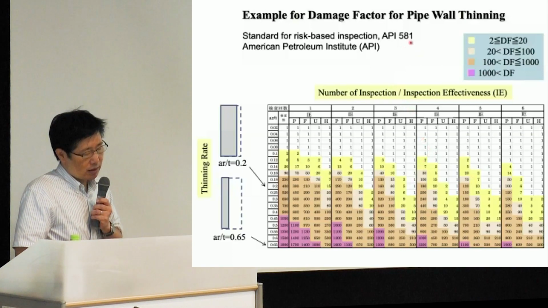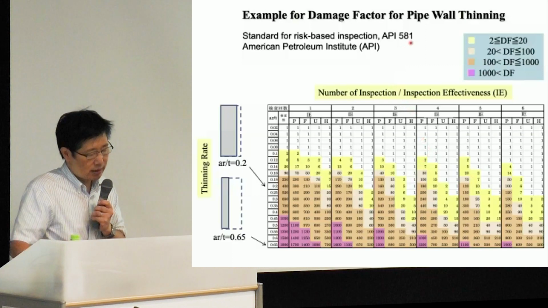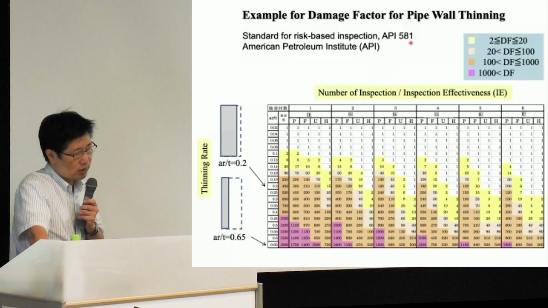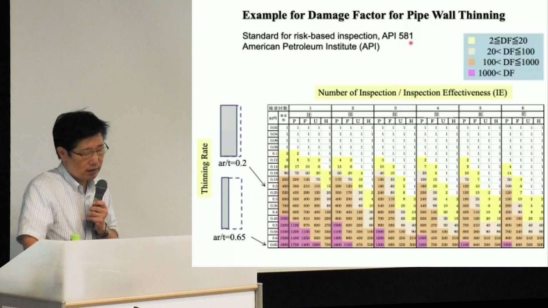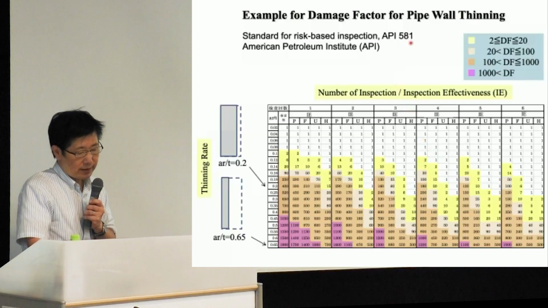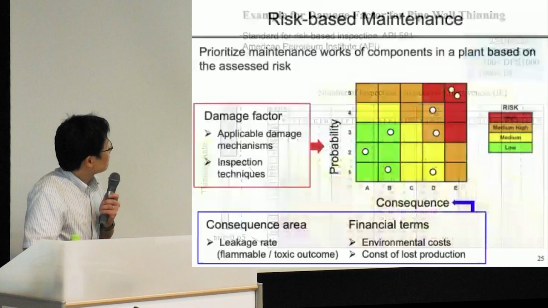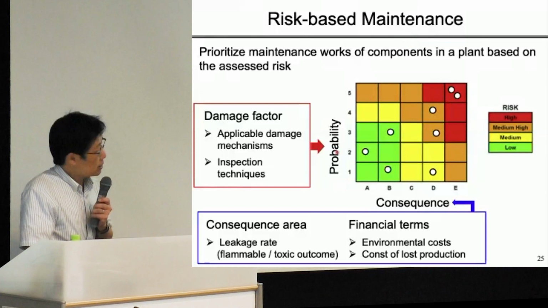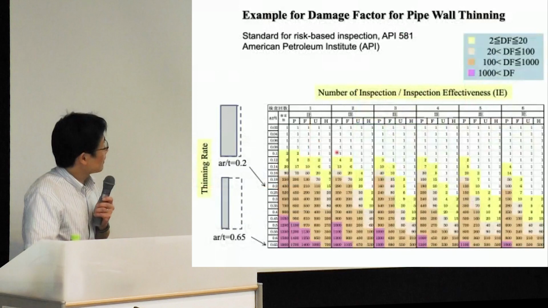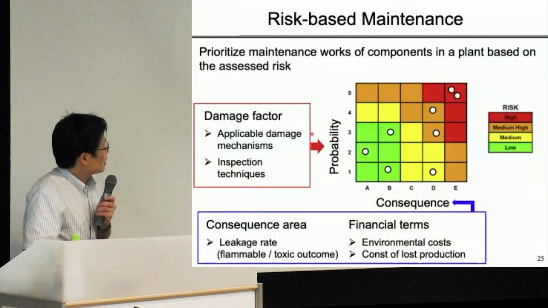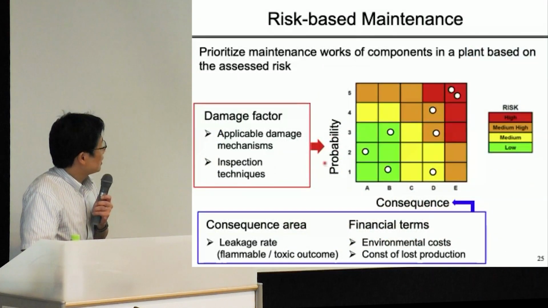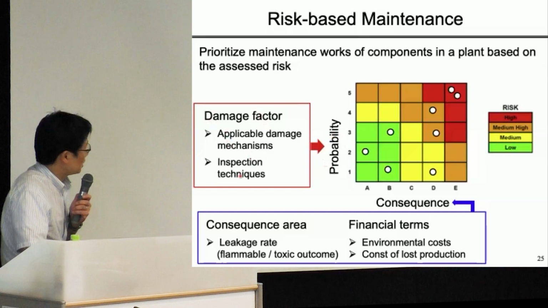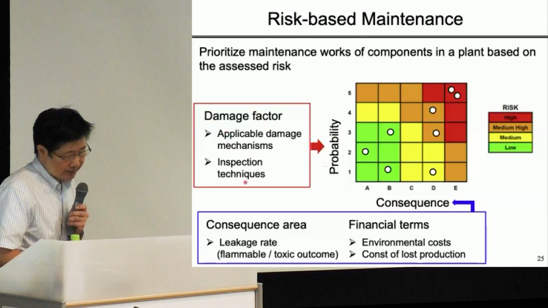And today, I want to introduce a fundamental idea of evaluating probability. So in this standard, assessment of probability is based on damage factor, considering the damage mechanism and the inspection technique.